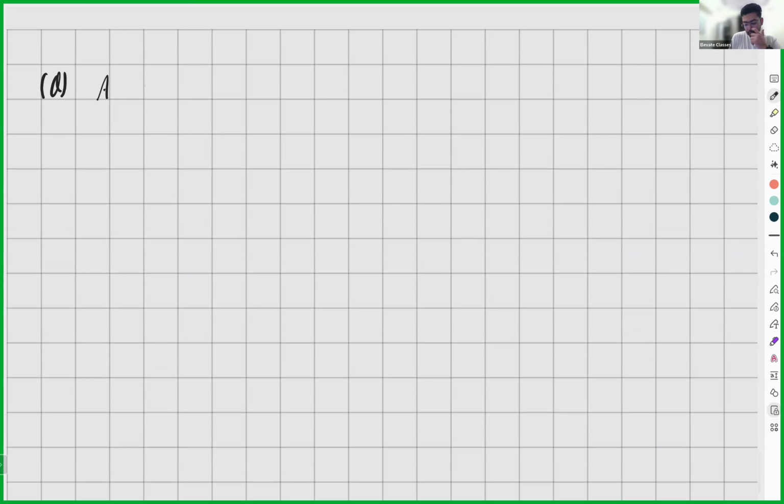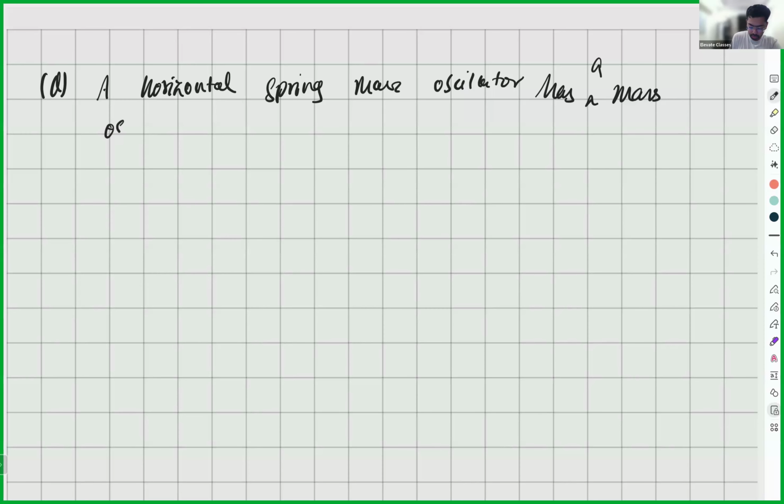Question: a horizontal spring mass oscillator has a mass oscillating on the table with friction coefficient 0.1.